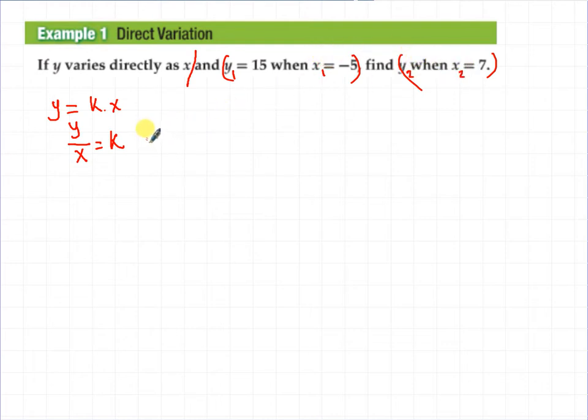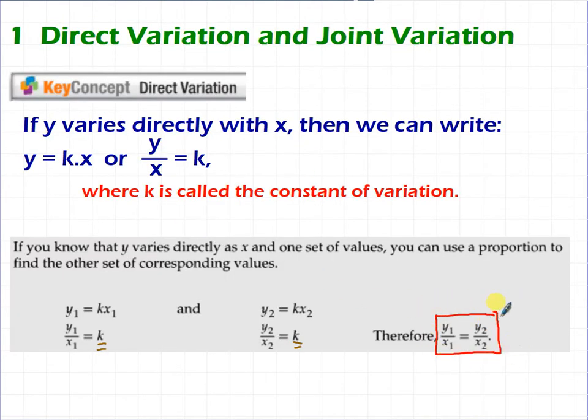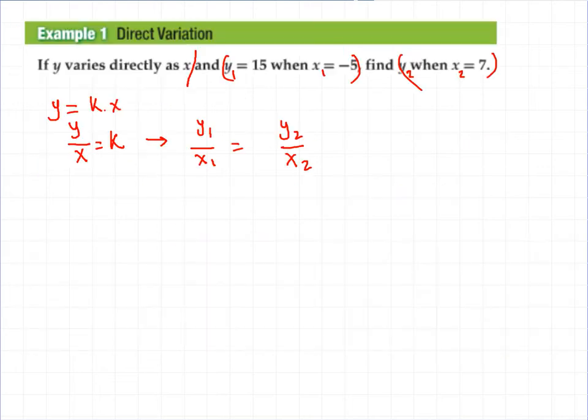So from this I can say that y1 over x1 is equal to y2 over x2. This is the relation we got from here. What do I have given? I have y1, I have x1, and I have x2.